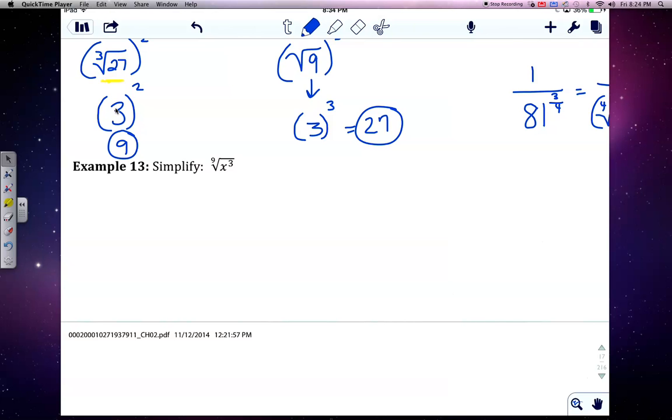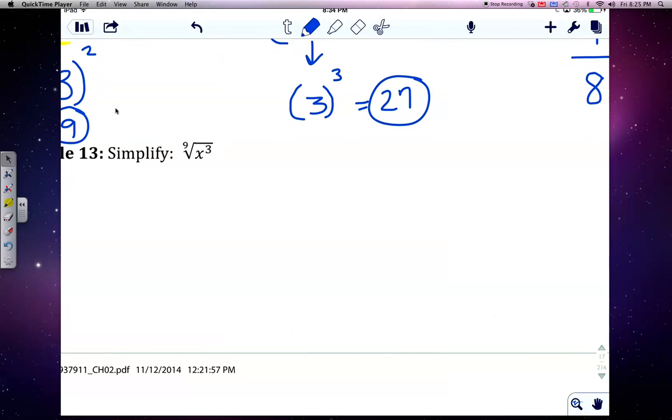Okay. In the last example, I want you to simplify the 9th root of x to the 3rd power. If you look at this carefully, you have the 9 on the outside as your index, and then 3 is your exponent. This is the same thing as x, and then this is your index. This is going to be your denominator. This 3 is your exponent, so it's going to be out here. So I get x to the 3/9. And like any fraction we dealt with before, if we can reduce that fraction, we will. 3 over 9 is the same thing as 1/3.